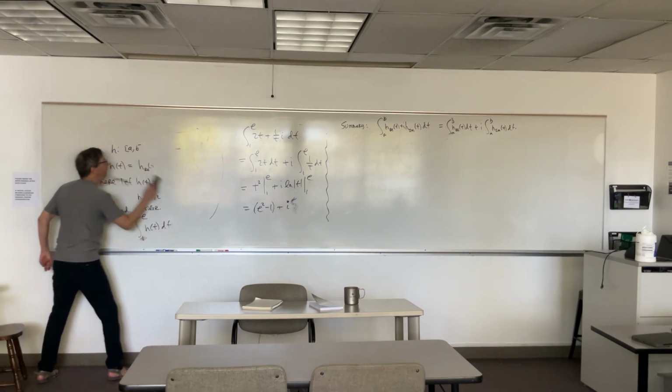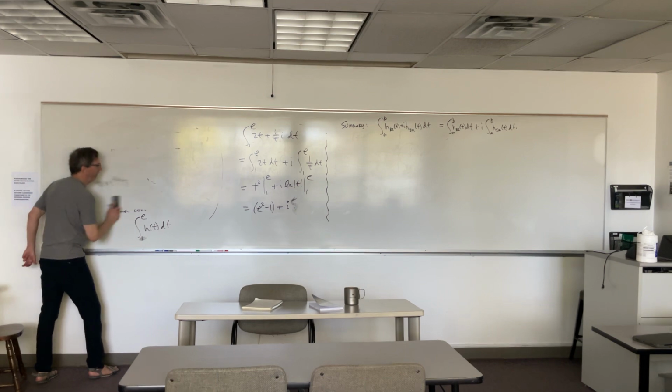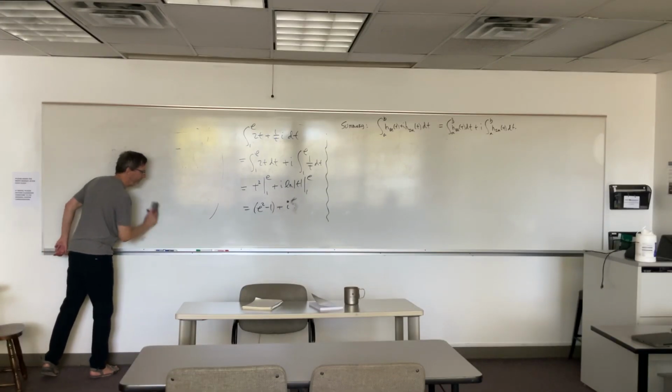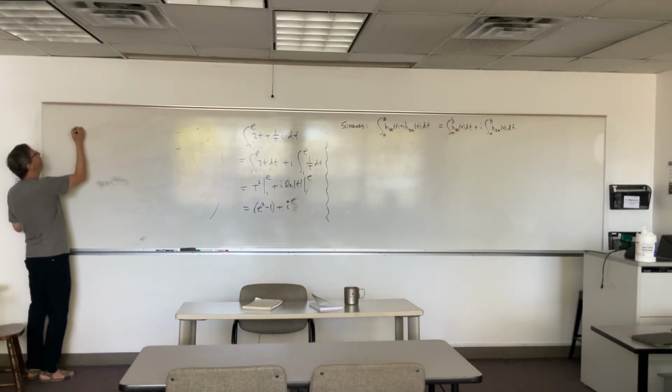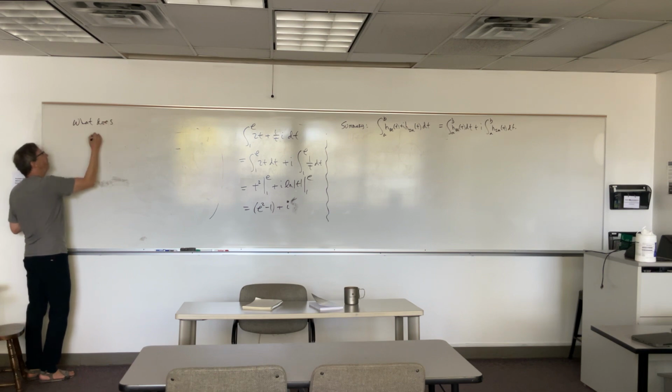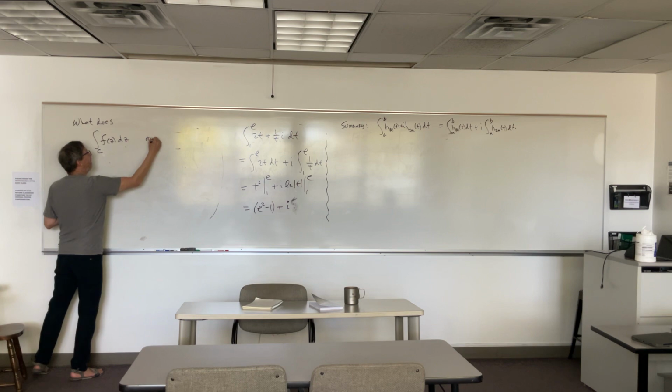So that's our easy case, but let's make things a little more interesting. I want to put meaning to this expression. So what does the integral over some curve c of a function f of z dz mean?